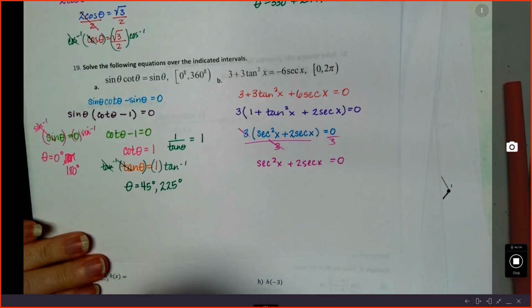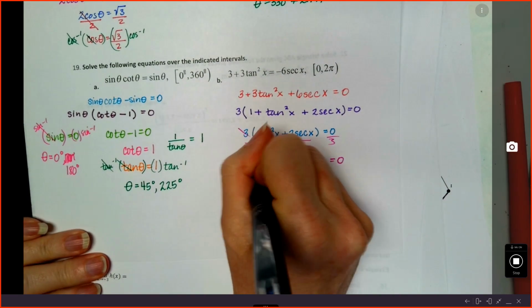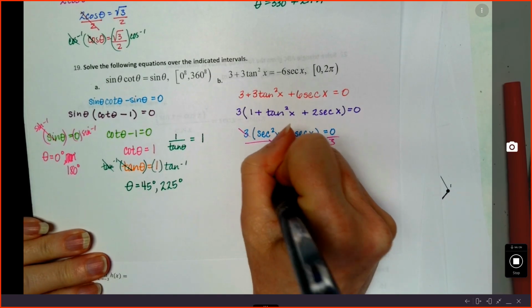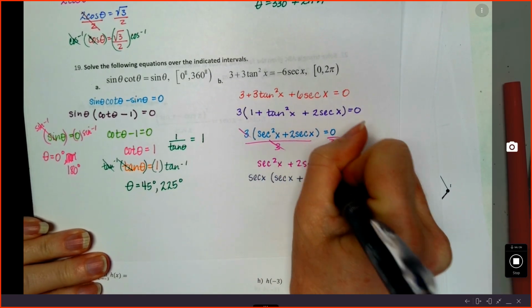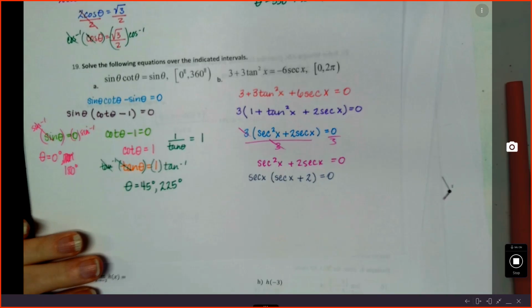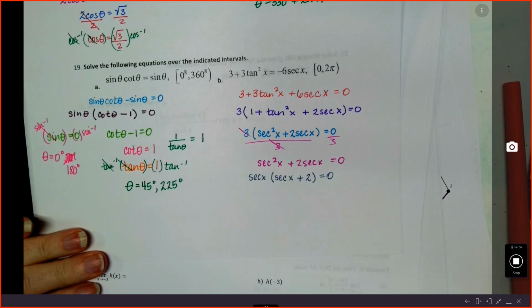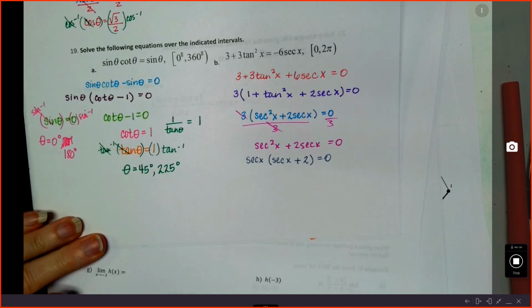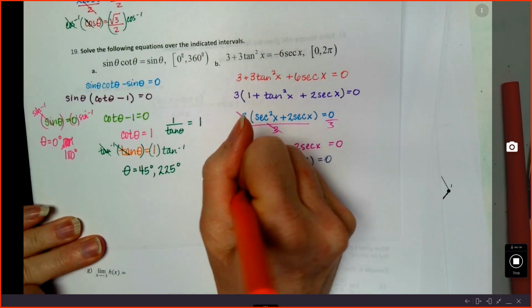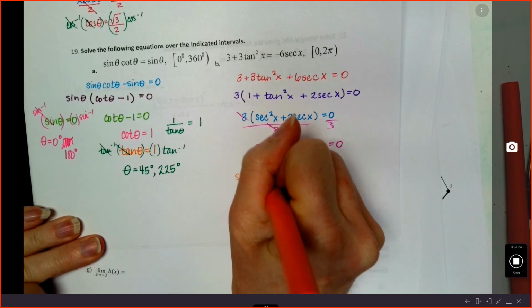What am I factoring out? Secant. Maybe you just confused me. My bad. Okay, so I have secant x equals 0.